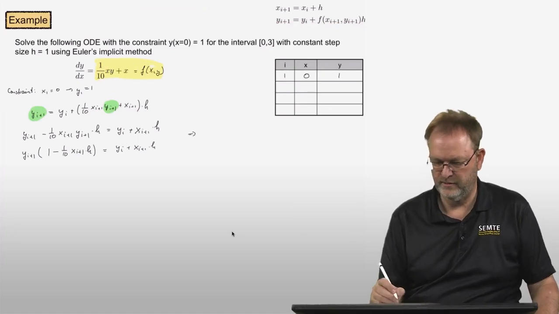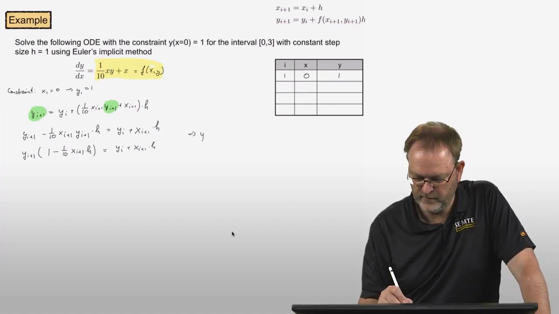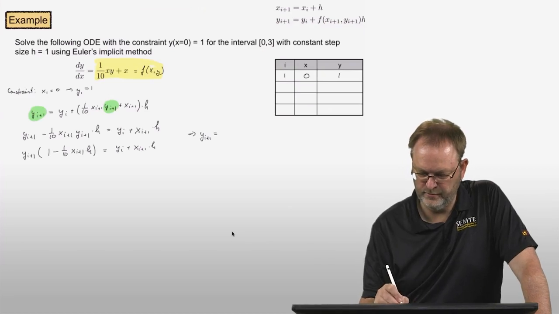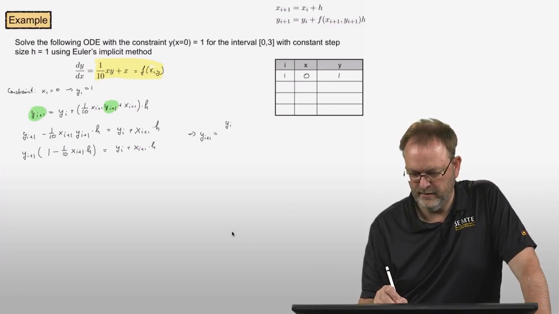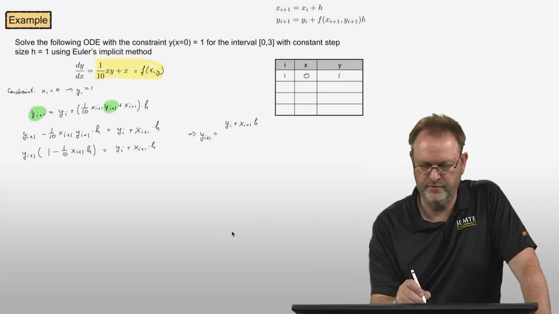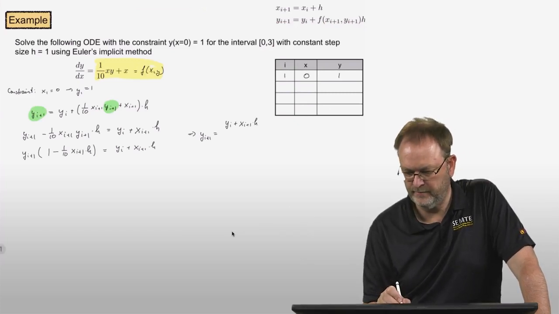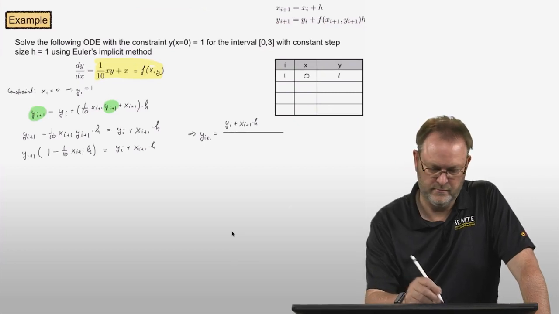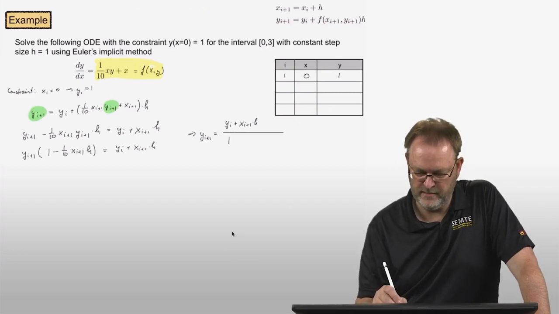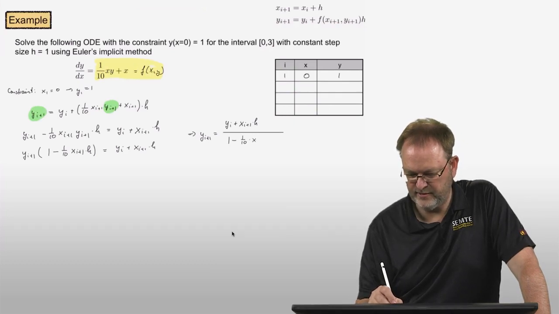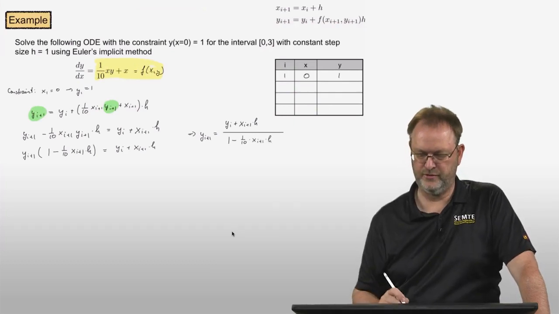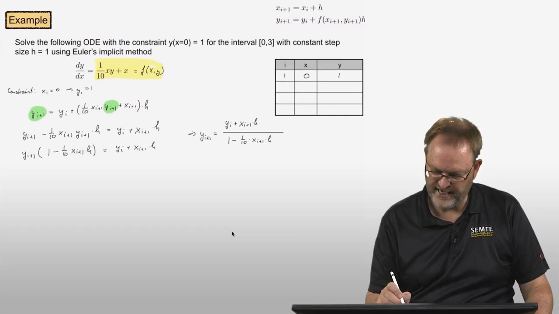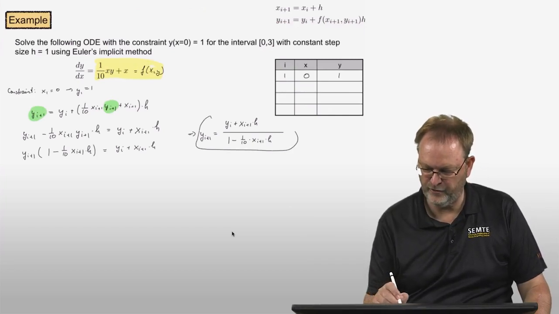So therefore, yi plus 1 is equal to yi plus xi plus 1 times h divided by 1 minus 1/10 times xi plus 1 times h. Okay, so that is my update formula.